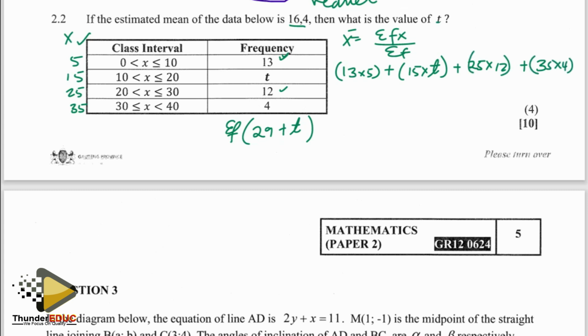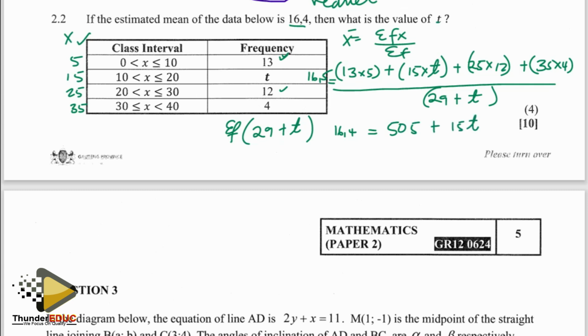Okay, and then I'm dividing this by the total of 29 plus t. This must be equated to 16,4. So I'll still have 16,4 is equal to the total I'm having, which is 505 plus 15t.